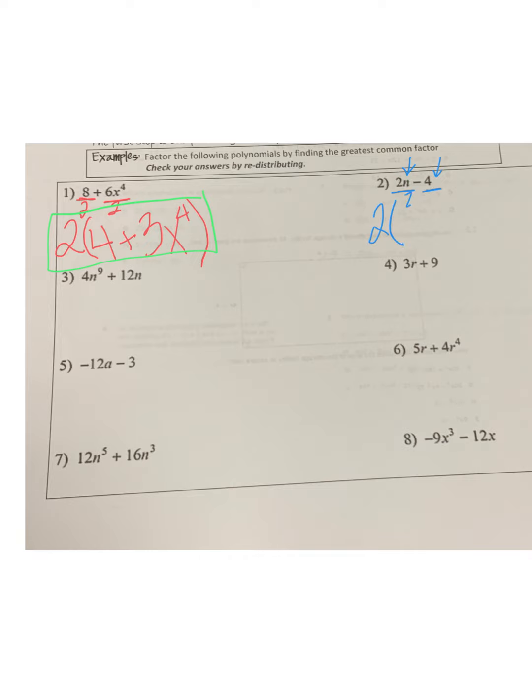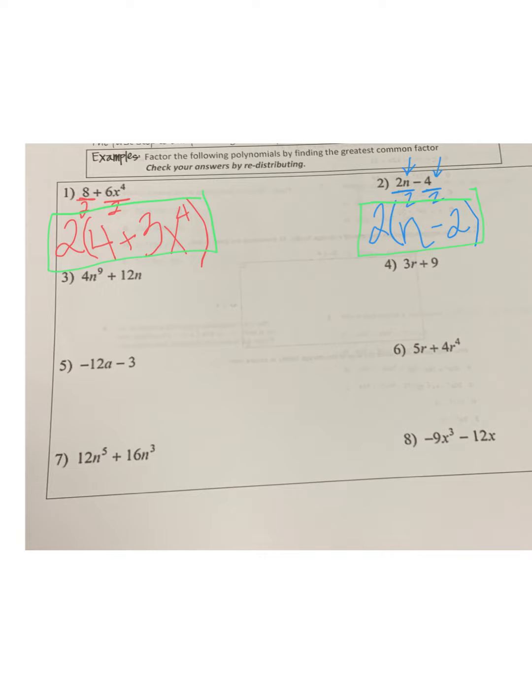Yeah, if we take out a 2 from 2n, what do we have left? Just an n. If we take out a 2 from negative 4, then what do we have left? Negative 2, you're right. So all we're doing is the opposite of distribution, which is dividing.